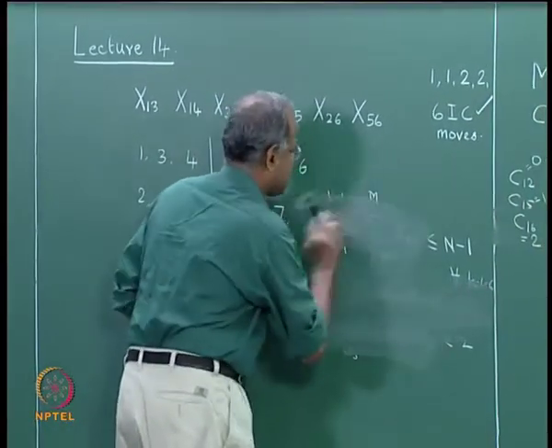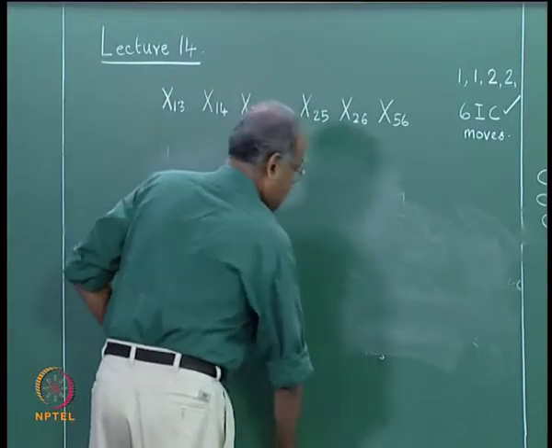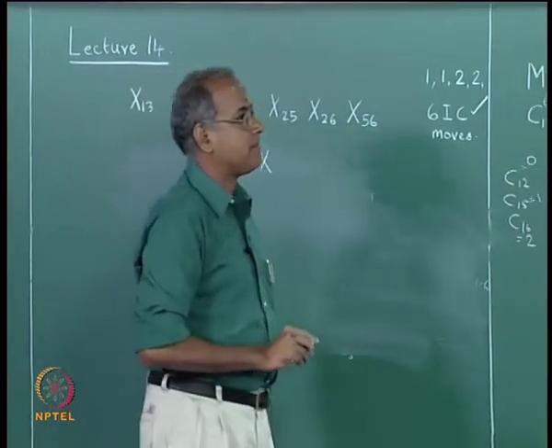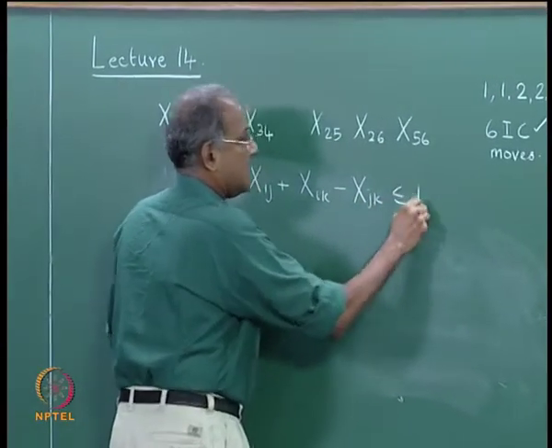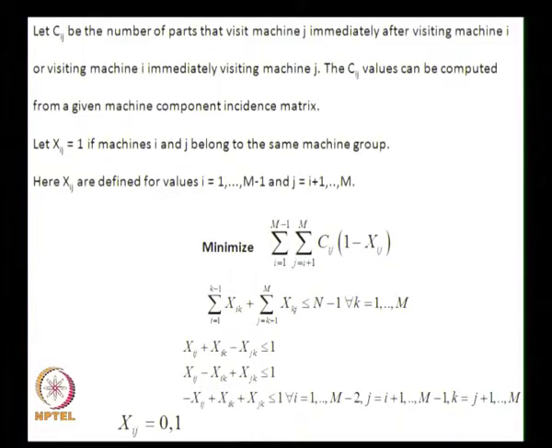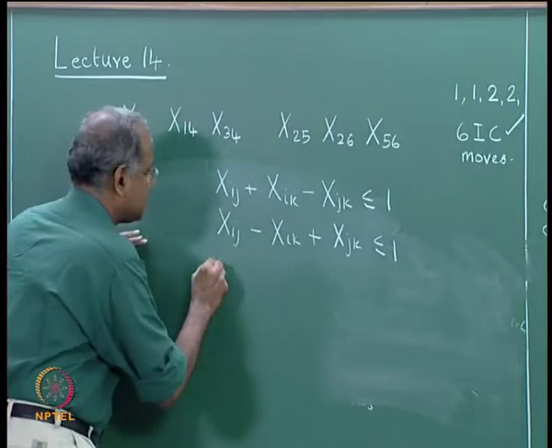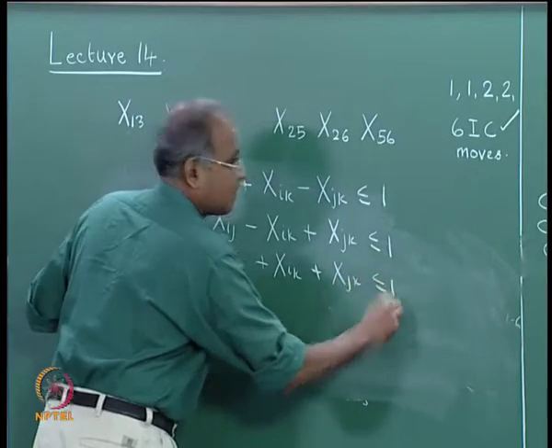The next set of constraints, which are xij plus xik minus xjk less than or equal to 1, xij minus xik plus xjk less than or equal to 1, minus xij plus xik plus xjk less than or equal to 1.